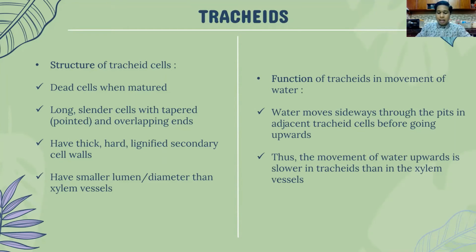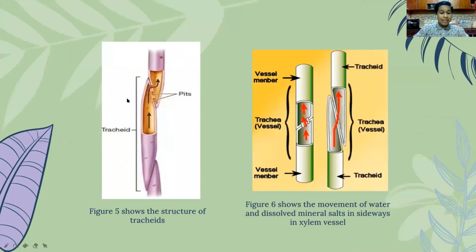If you don't understand, you can see here the structure of tracheids. They are long, slender, and pointed or tapered towards the end. So when they're tapered, they overlap. As you can see here, they overlap like this. Since they overlap, they have pits.